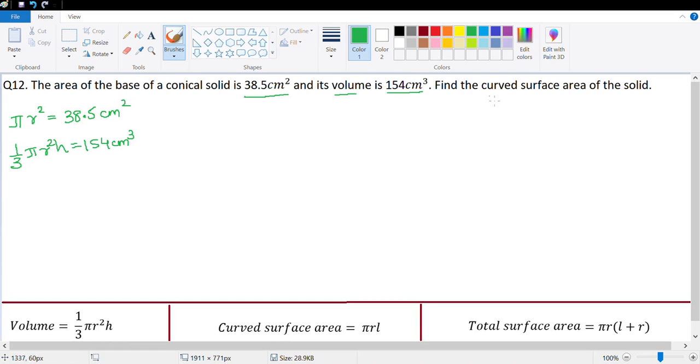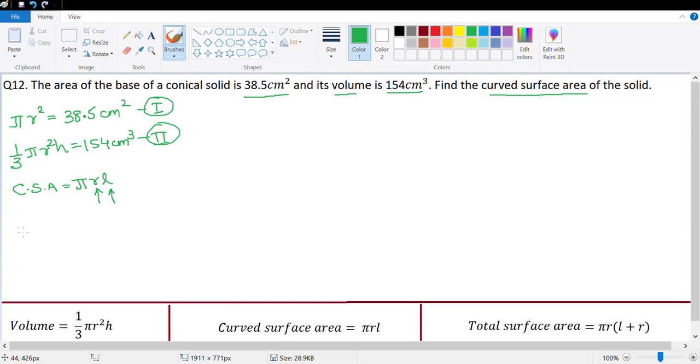We need to find the curved surface area, and curved surface area is given by the formula pi r l. So for calculating this, I need to know the r and I need to know the l. But I can calculate L if h is given, which means from my first equation I will calculate r, and from the second equation I will calculate h. Then applying Pythagoras theorem I will calculate L, and eventually I will calculate curved surface area. So let's get on with the question.